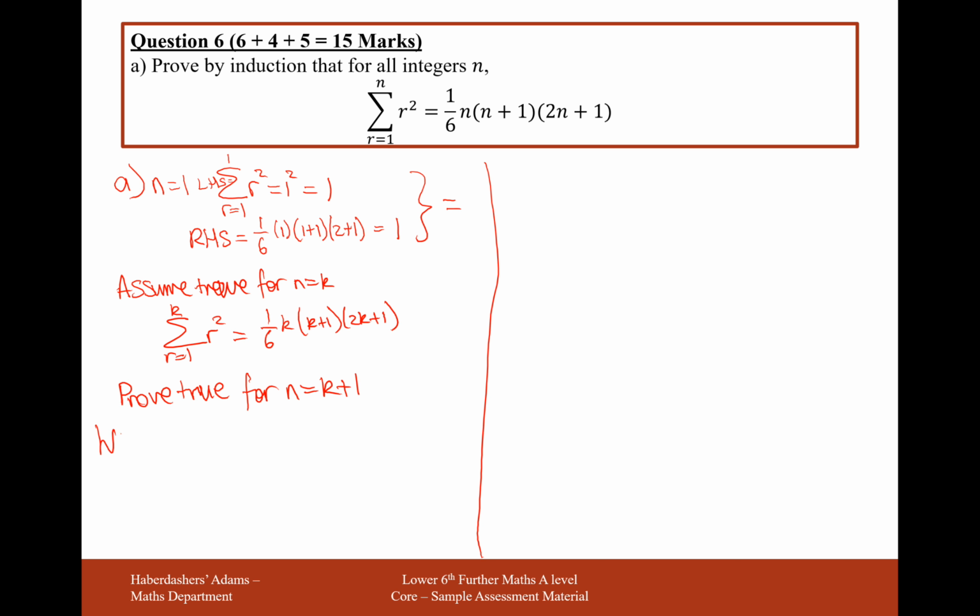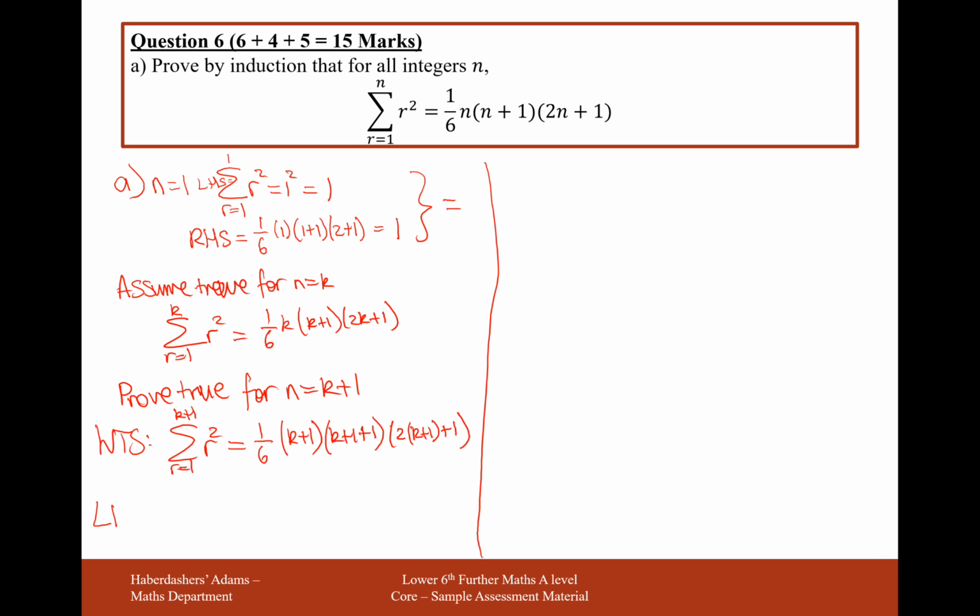So here is what we need to do then. We want to show that the theorem that sums our square numbers from 1 up to k plus 1 can be represented as 1/6 of, and then substituting k plus 1 into all of these n values here, k plus 1 times 2 lots of k plus 1 plus 1, and this is what we want to show.